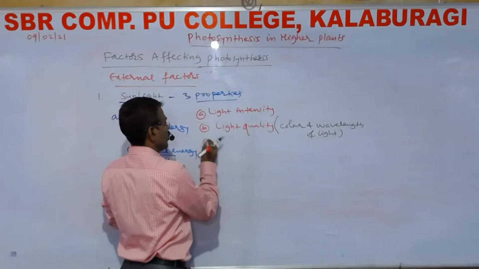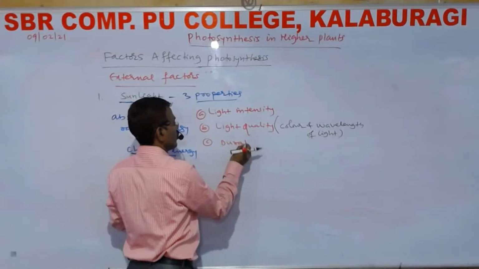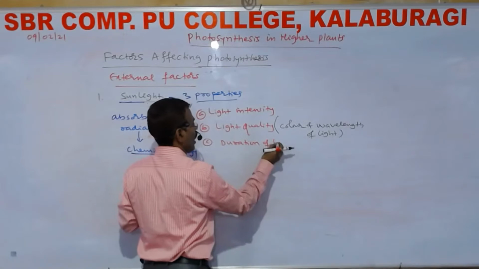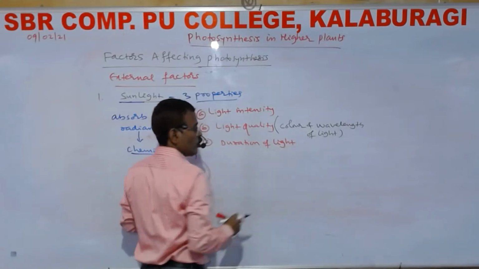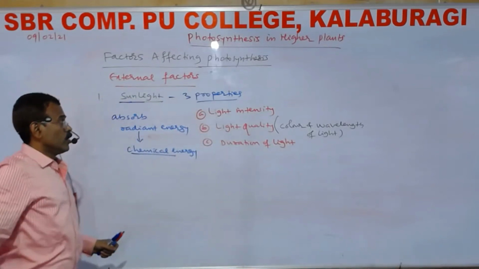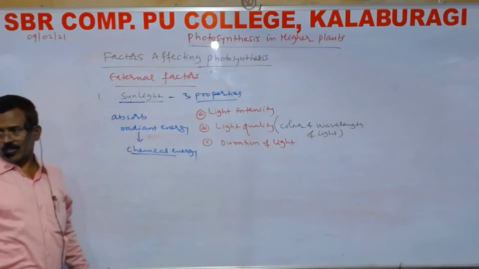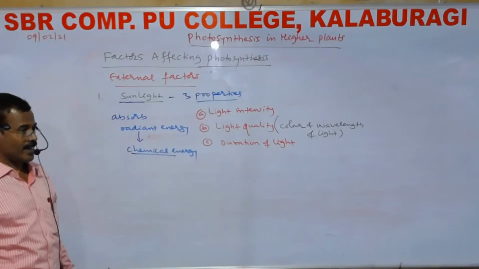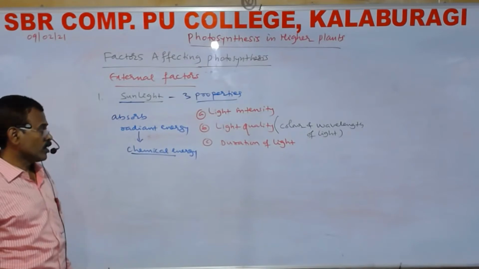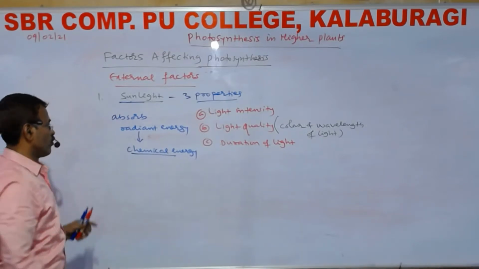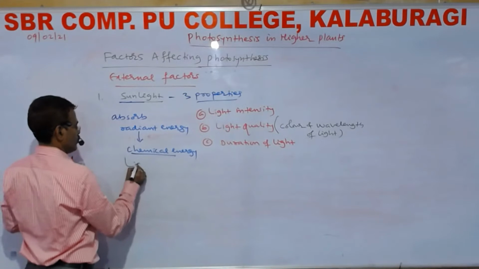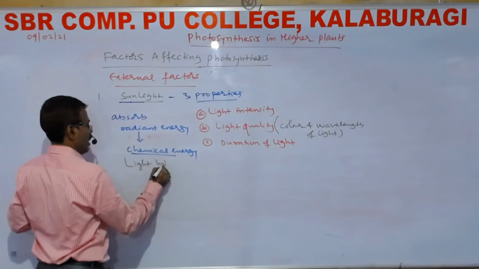Then the third one, duration of light. So these three properties: light intensity, light quality, duration of light. First we have light intensity.